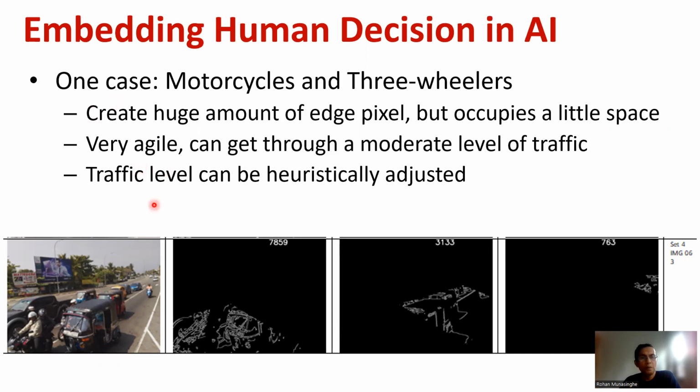It's again human judgment. If you see a lot of motorcycles, let's say, maybe you should not give a very high value for traffic. Let's say you see a lot of motorcycles in the near field. I would say this is not traffic level 5. I would say this is 3, because I know they're very agile vehicles. They quickly move, not like big vehicles, which take time to accelerate and turn and all that. So you can include that information in your annotation so that the network will learn it.